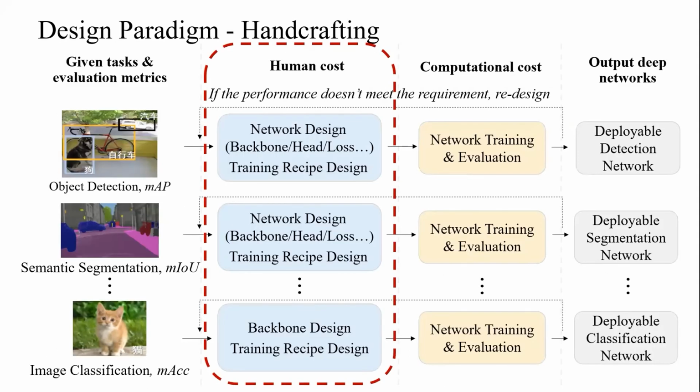Here is an illustration of the handcrafting approach. For different tasks, researchers have to design different networks and training recipes by hand, and redesign their algorithms if the performance doesn't meet the requirement. As we can see, the network design brings high human cost and requires insight and expertise.